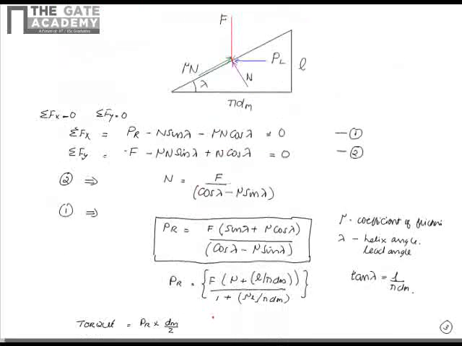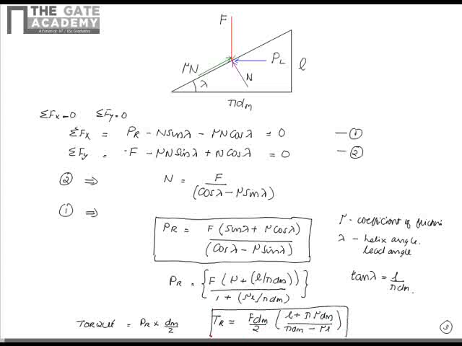So this will give TR, the torque required to raise the load, as F into dm by 2 into L plus pi mu dm divided by pi dm minus mu into L. This is the torque required to raise the load.